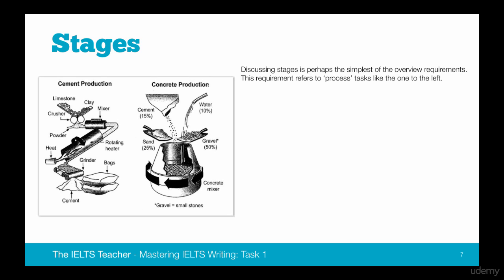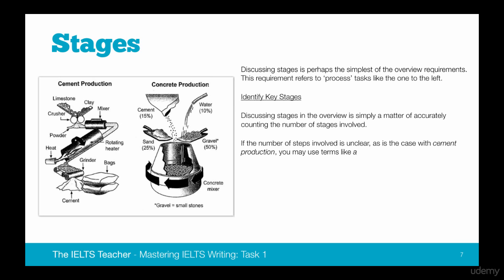So discussing stages is perhaps the simplest of the overview requirements. And this requirement refers to this task here as well. So let's have a look at how to identify key stages. Basically, it's simply a matter of accurately counting the number of stages involved in the process.